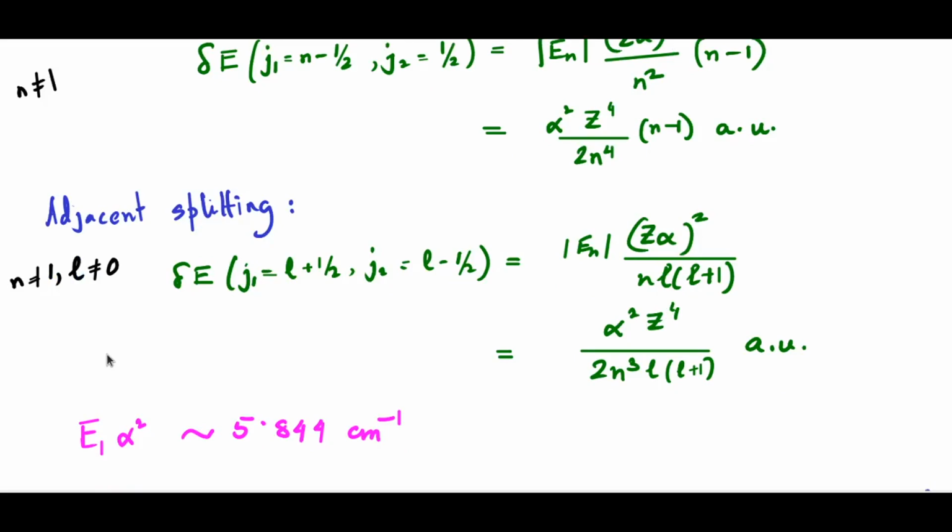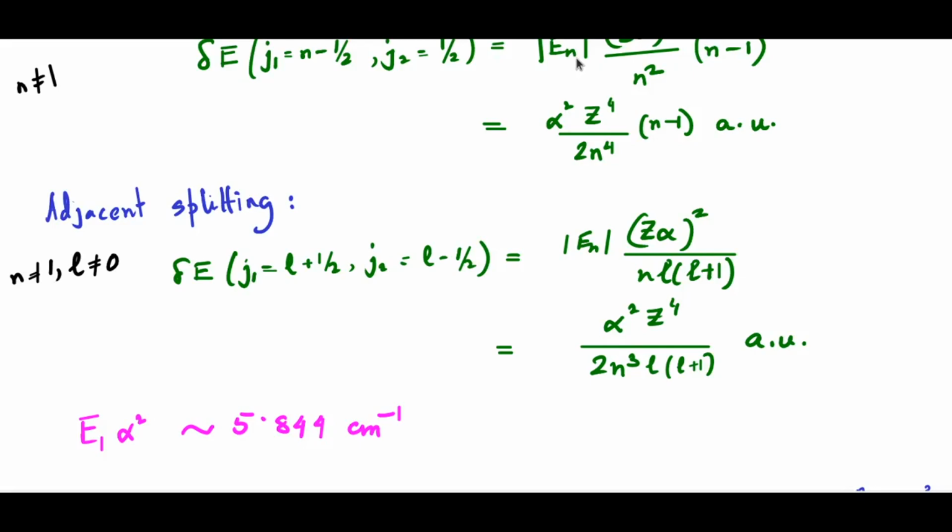Expressed in atomic units, you again get alpha square z to the 4 by 2n cube L into L plus 1. Once again showing that even the splitting between nearest levels depends essentially on 1 by n cube. The alpha square factor is there in both cases, which determines the overall scale of fine structure splitting. But even within that, higher levels are split less.